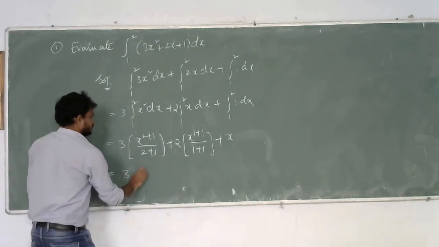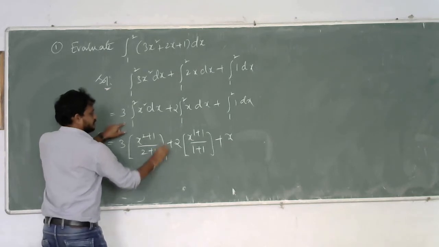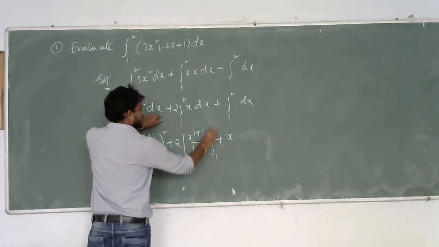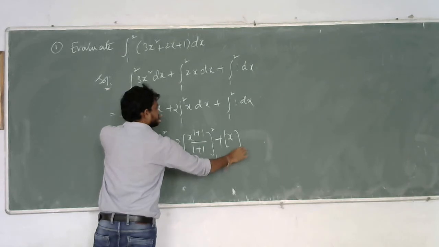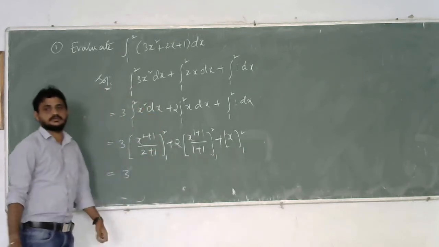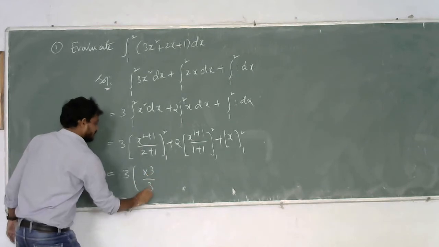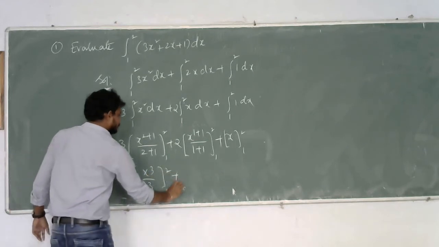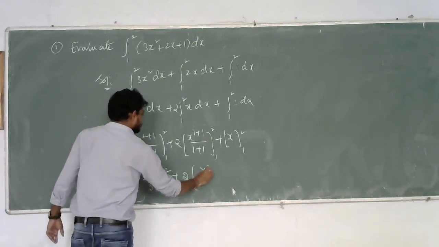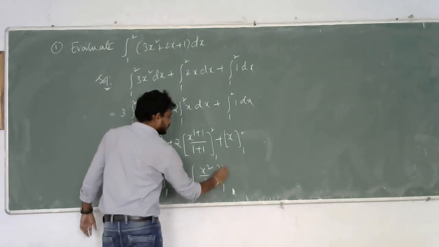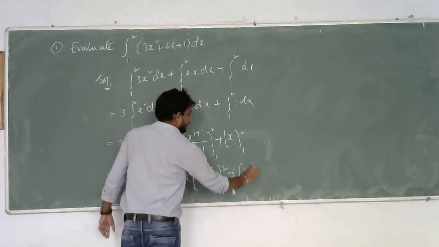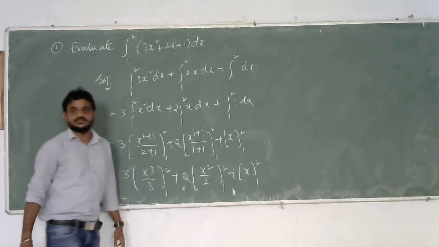Here 3 into the limits. Don't forget to write the limits here, 1 to 2. Now x cube by 3, limits 1 to 2, plus 2 into x square by 2, limits 1 to 2, and x, limits 1 to 2.